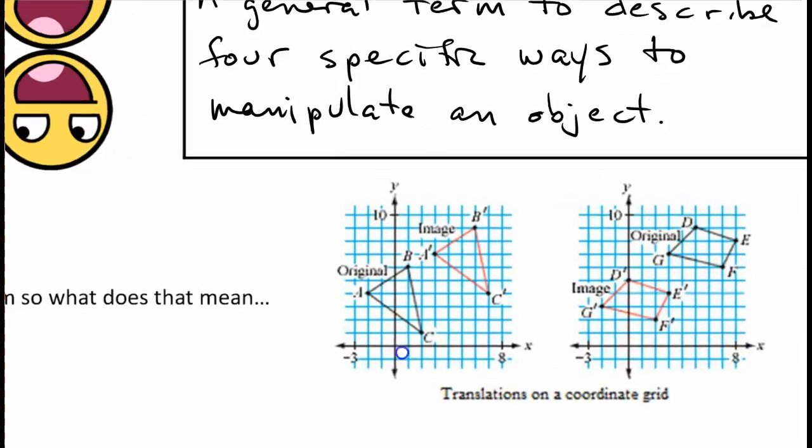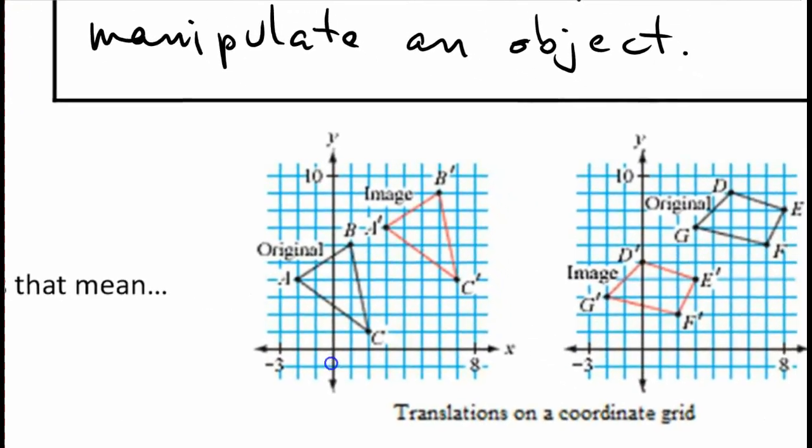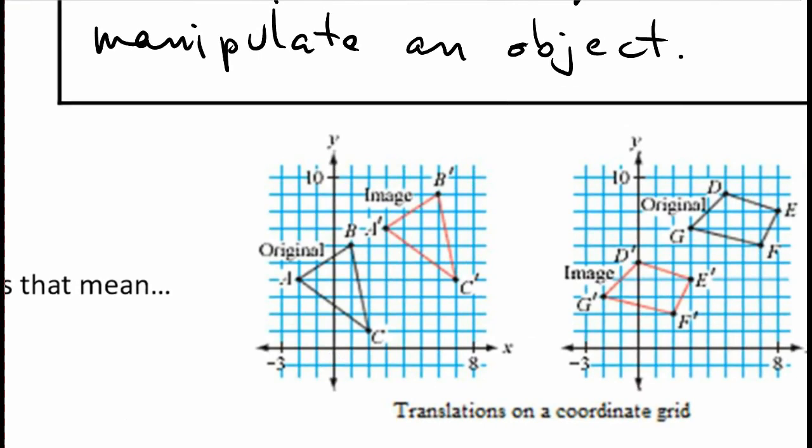If you notice here in these pictures, on the left, the original picture is outlined in black, and it has vertices A, B, and C. And then my new picture, we call that the image. So we've got the original, and it turns into an image. All of the points that match with each other: this one says A, this one says A with a little apostrophe up there.